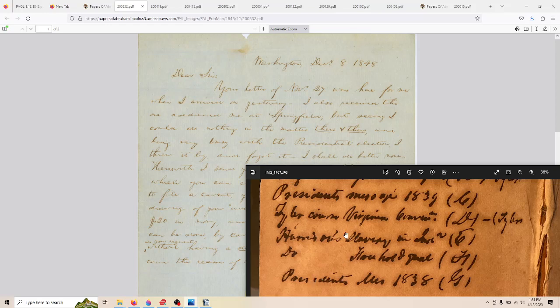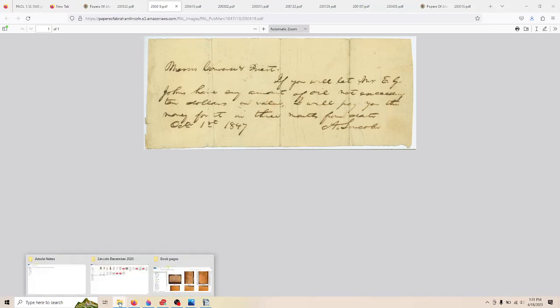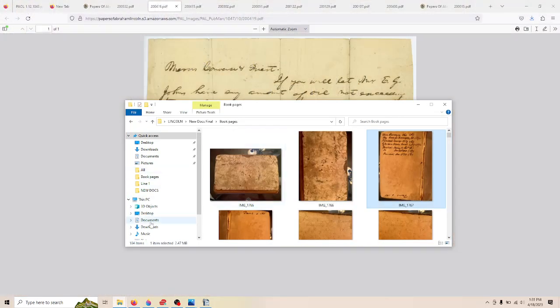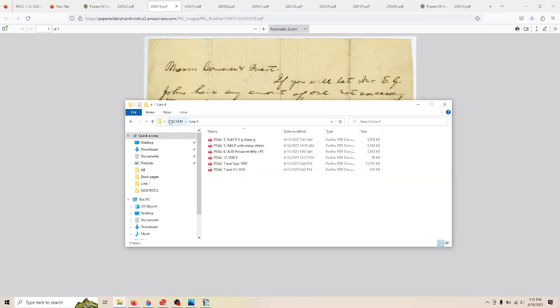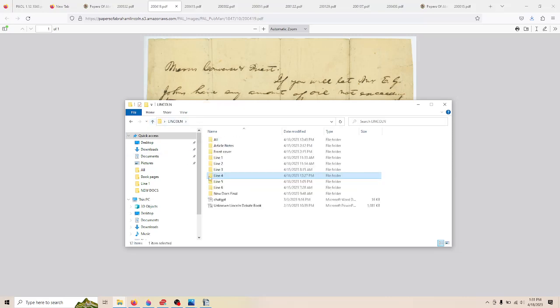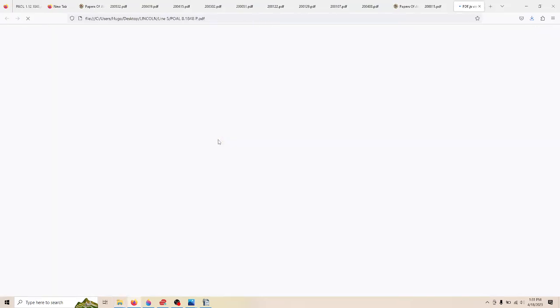All right. Also, let's take a look at another example of this. So we're looking at the word president as an example of how we're going to be working through these pages. So let's go to line number 5, and we have another example of this.